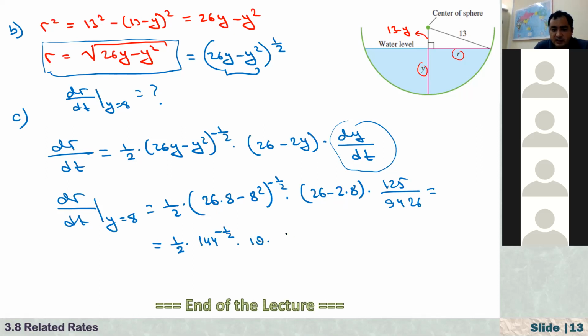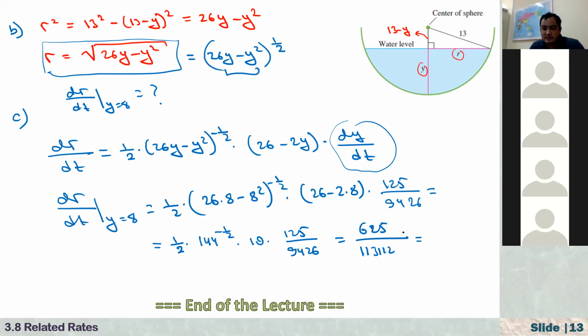Here we have 10 times 125 over 949,426, which in fraction is 1250 over 2 times 12 times 949,426, which is equal to 625 over a big number in the denominator.